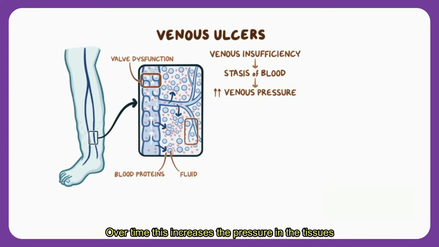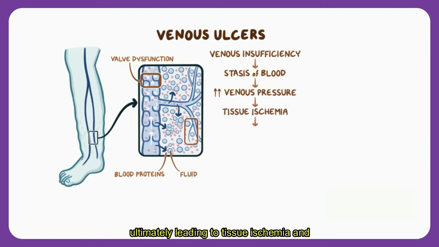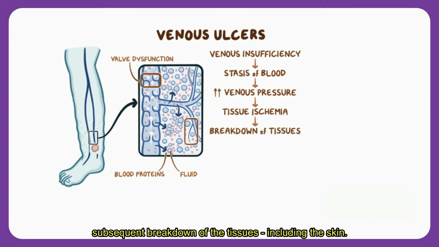Over time, this increases the pressure in the tissues and can cause tiny capillaries to get pinched shut, ultimately leading to tissue ischemia and subsequent breakdown of the tissues, including the skin.